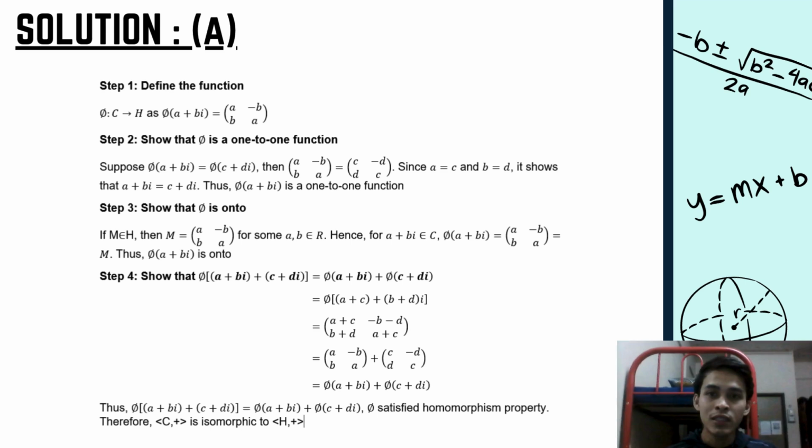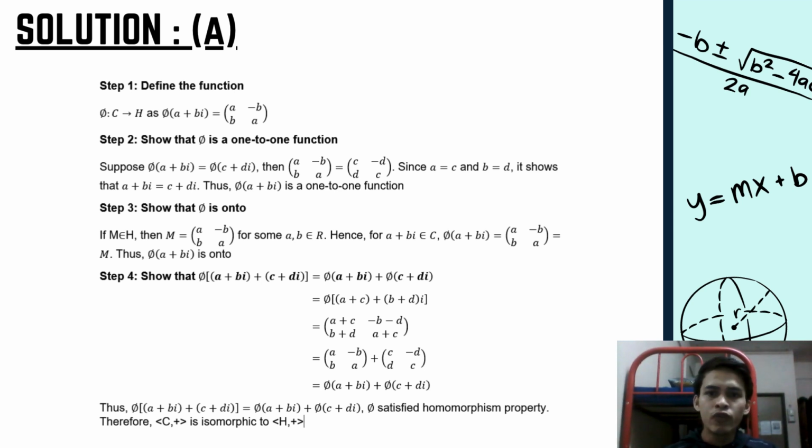Okay, for the last step, show that phi((A plus BI) plus (C plus DI)) is equal to phi(A plus BI) plus phi(C plus DI).